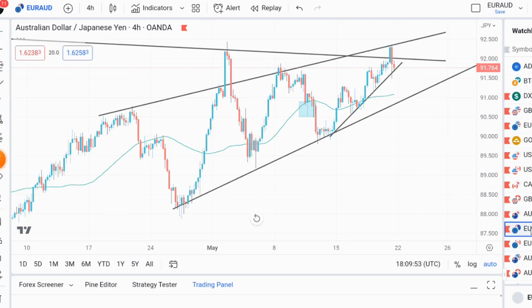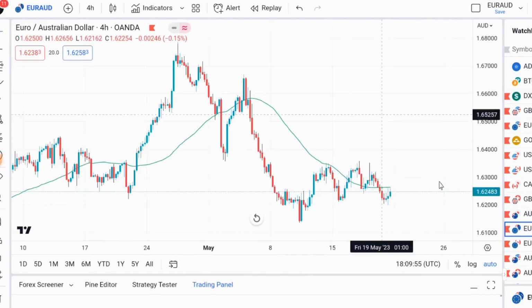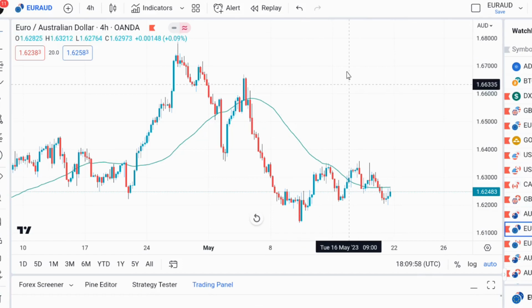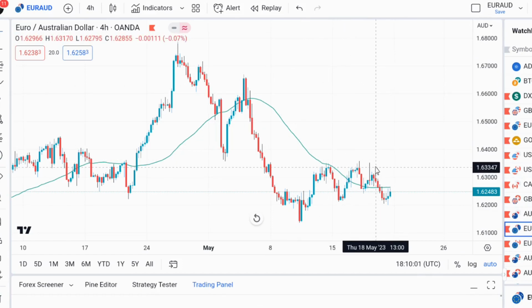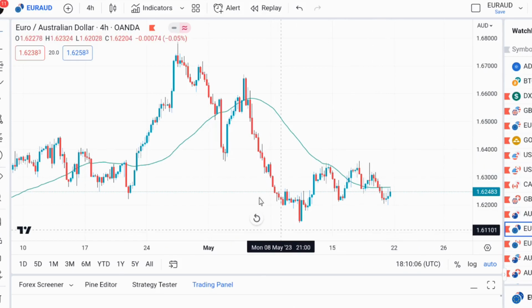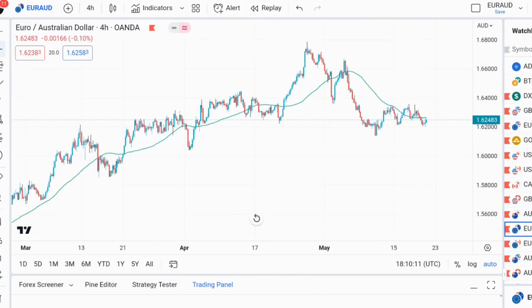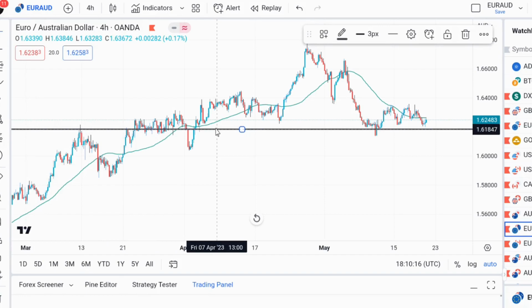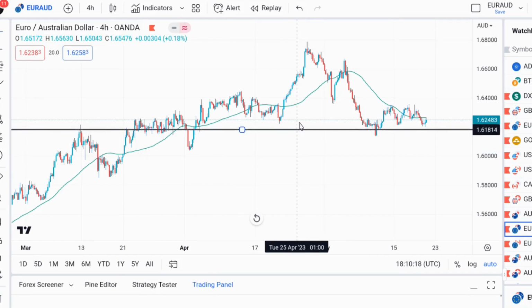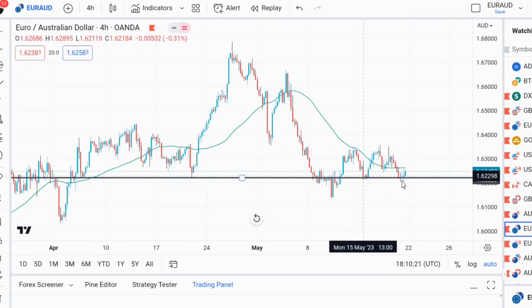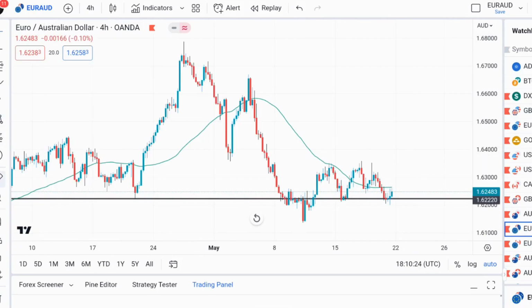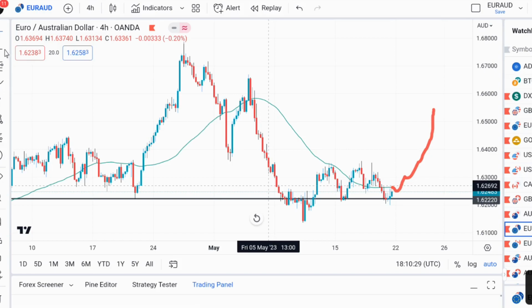So Euro AUD. And don't forget last week the CPI on AUD, the year-over-year and the month, came out negative, so it might have an impact on that particular currency. And here too, it might have an impact on Euro AUD, and this is a very strong support level right there. So my bias on Euro AUD is to the upside, so we might see a move to this particular area.